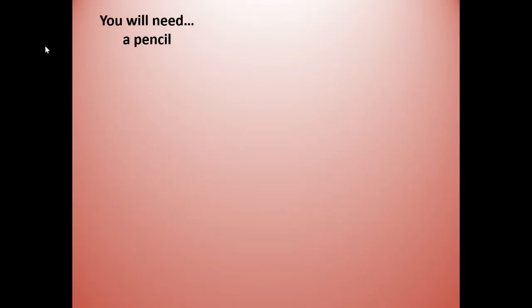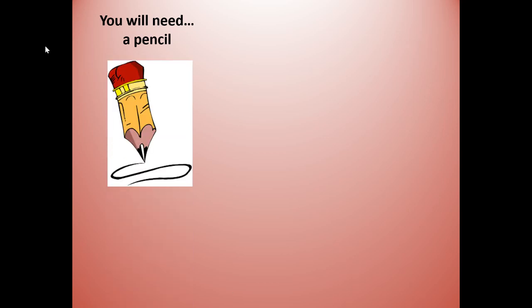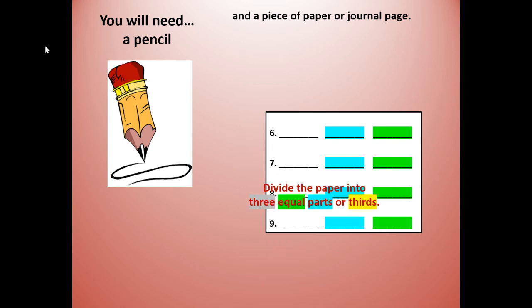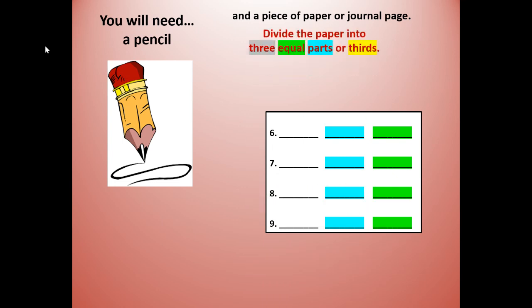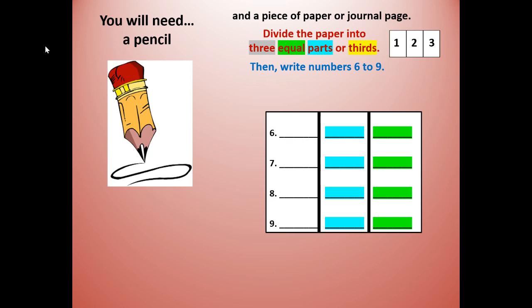So for this lesson, you will need a pencil and a piece of paper or journal page. And you're going to divide the paper into 3 equal parts or thirds. And then write numbers 6 to 9, because you're going to write a vocabulary word for each number.